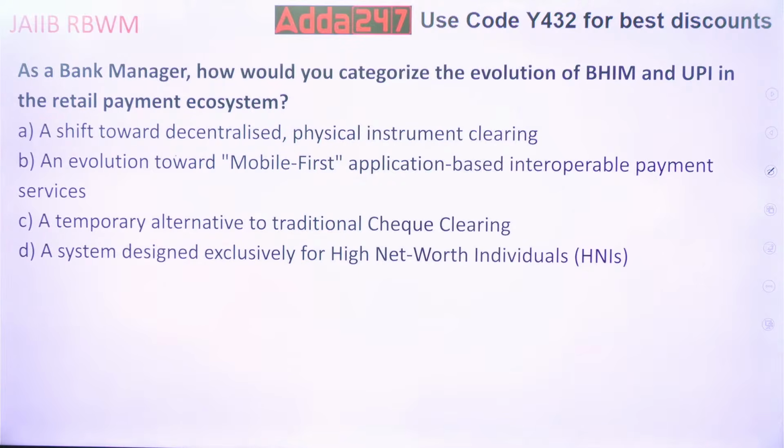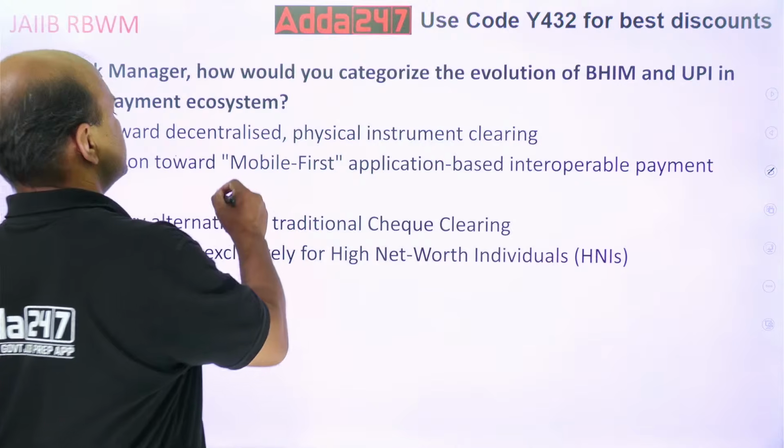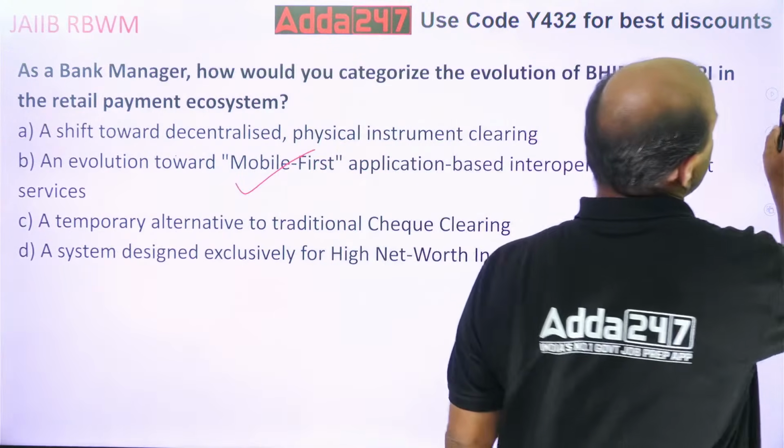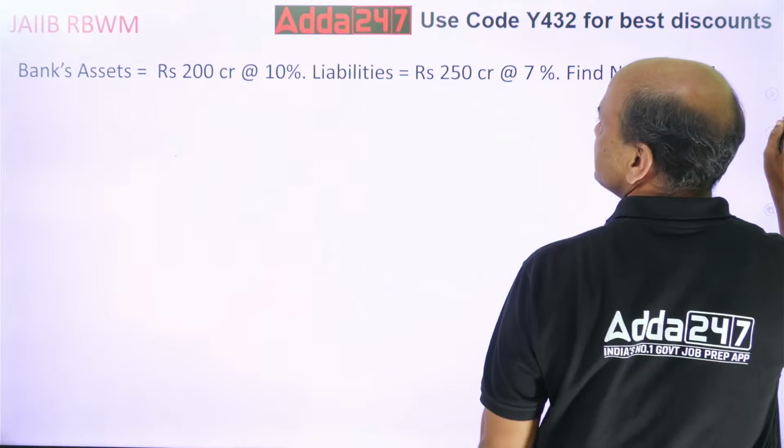So what is the answer? It is B, correct? Evolution towards mobile-first application-based interoperable payment services. So this is the answer. Mobile first, right? Because of BHIM application, things have changed a lot, right?